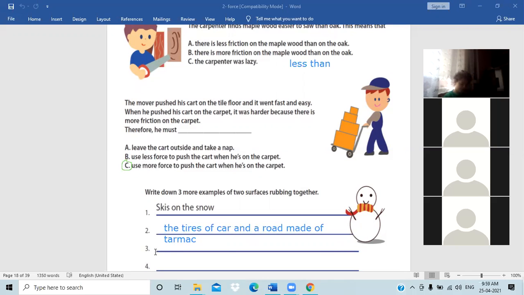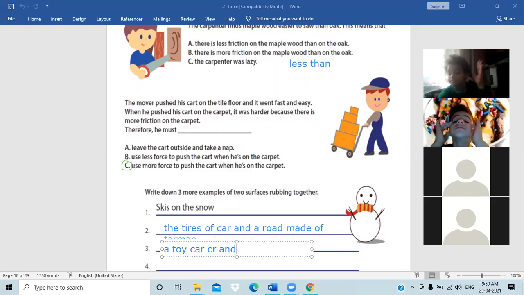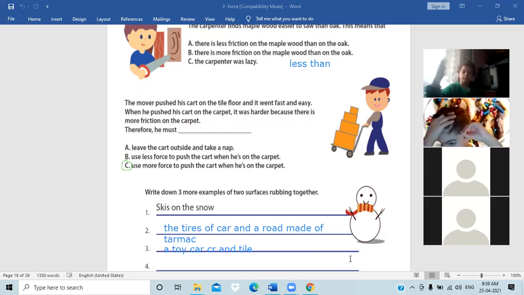Suhaila, can you give me another example of two surfaces rubbing together? The toy car and the tile. A toy car and tiles. Thank you, Suhaila. The last one, who would like?